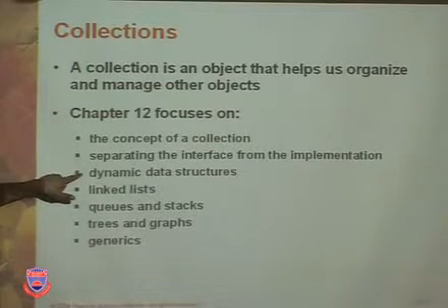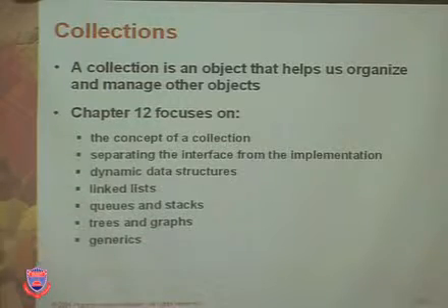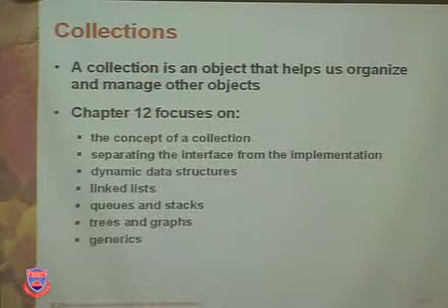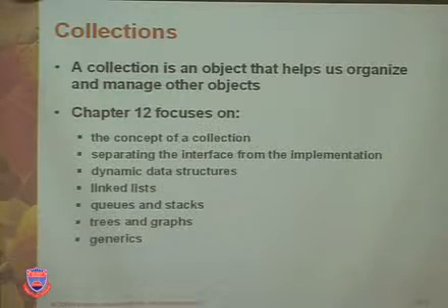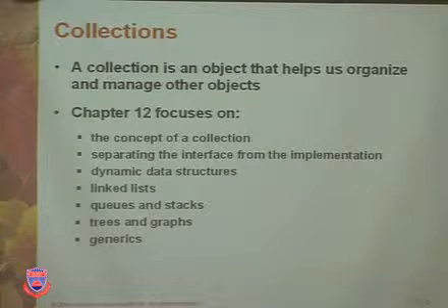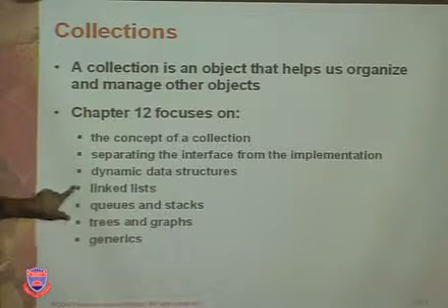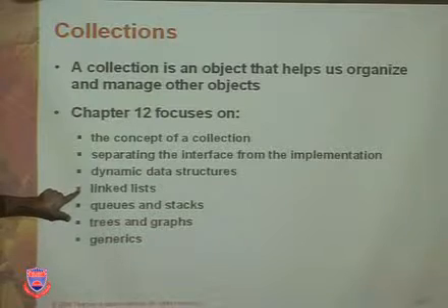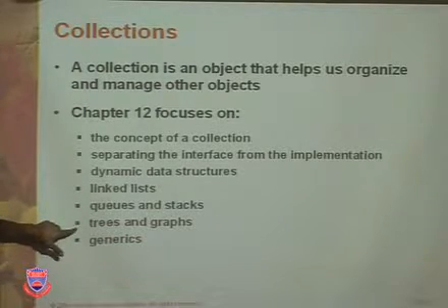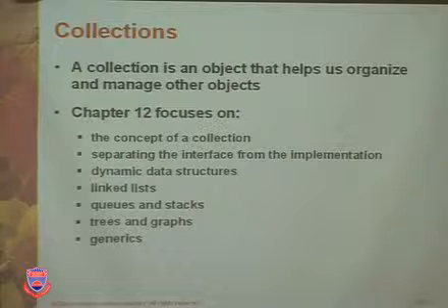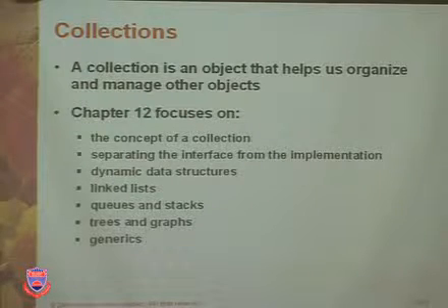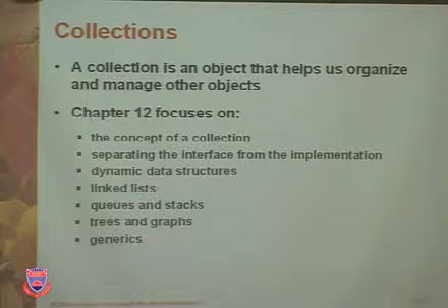This is the main part of this chapter, dynamic data structures, which is basically the linked list, doubly linked list, and other structures that we will see. As I said, linked lists, queues and stacks, trees and graphs, and generics. We're not going to really touch much on that, but it's a nice feature of Java as well, the generics. It's also available in other object-oriented languages.